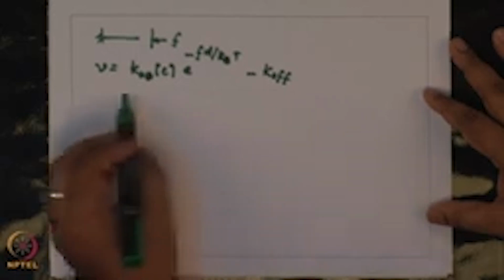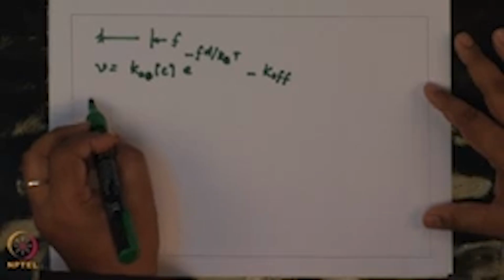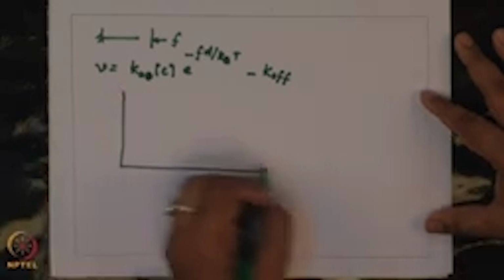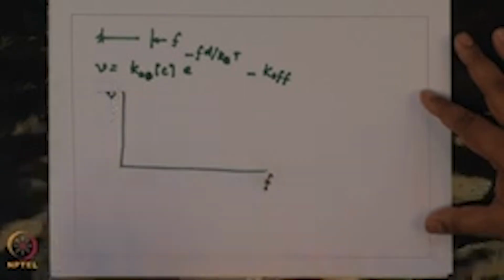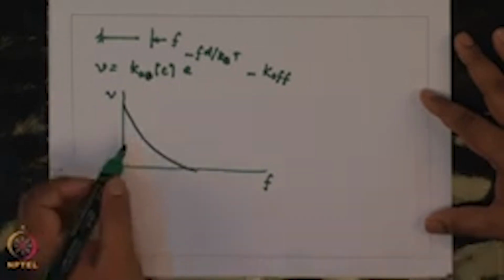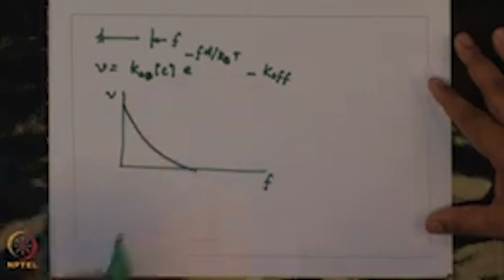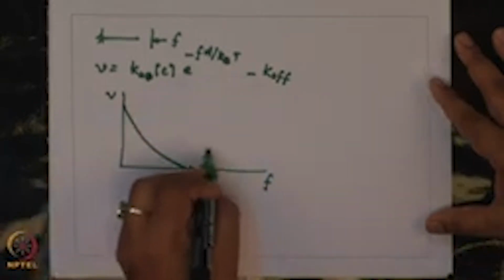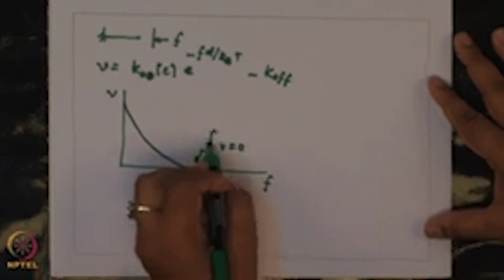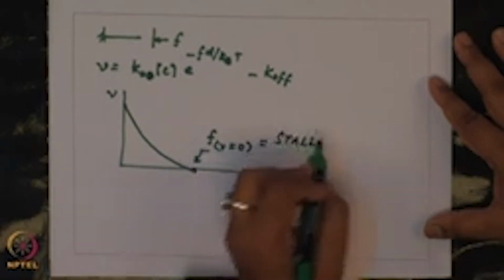Okay. So, once we have this expression, this is the velocity, right. Now I can determine the stall force. First of all, the velocity profile will look something like this, exponential, right. You have an e to the power minus f d term. The f corresponding to v equal to 0 is called the stall force.